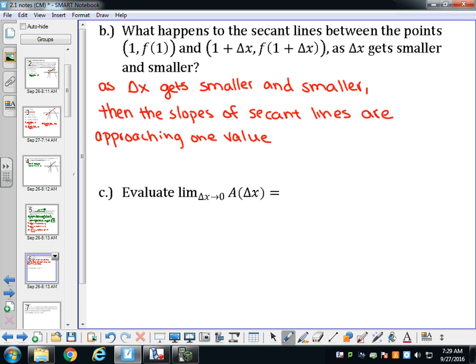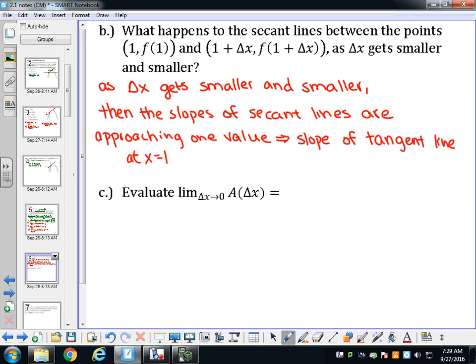And more specifically, that one value that they are approaching is actually the slope of the tangent line at x equals 1.